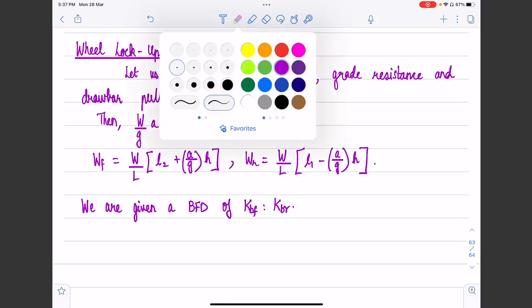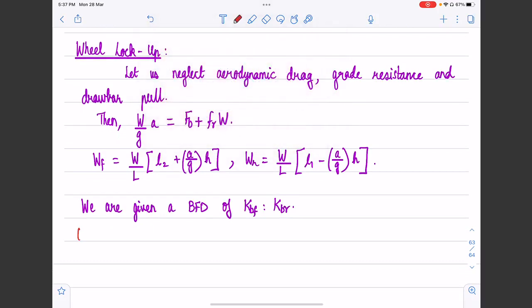Now the question that we are going to ask ourselves is the following: under what conditions would the front or the rear wheels lock? So that is the question we are going to ask ourselves.